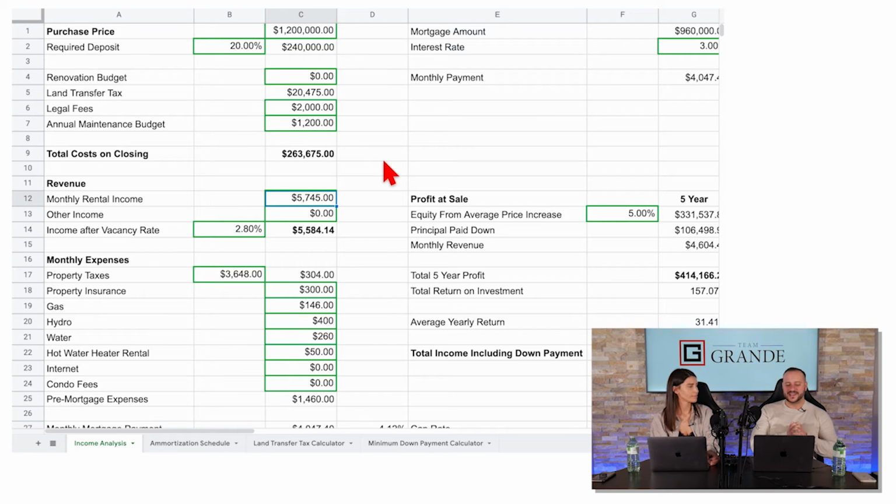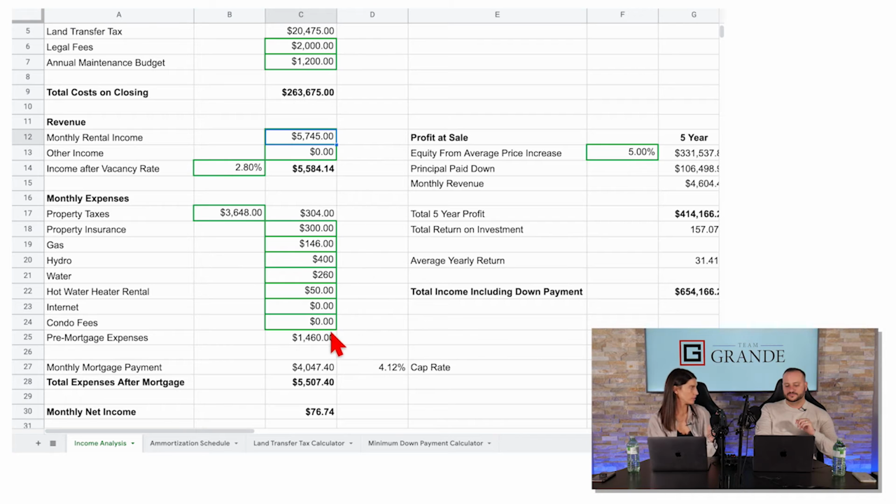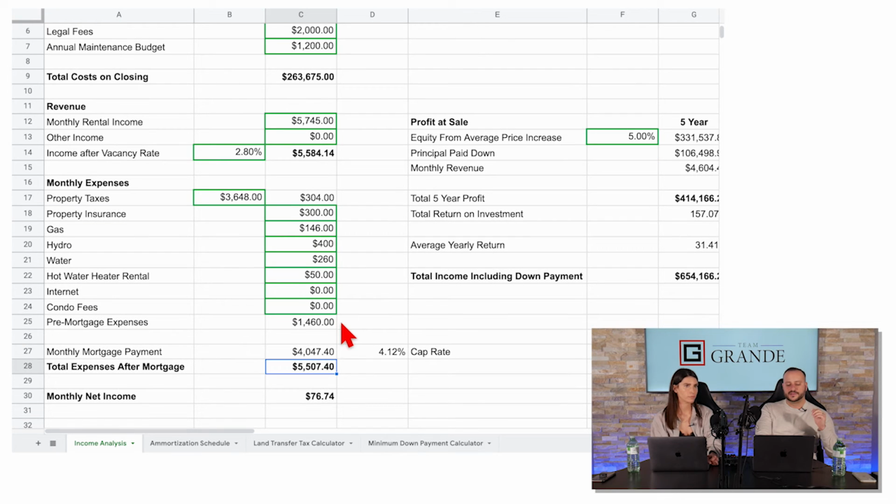I think there's only one vacant unit in this one right now. It was previously rented for $1,750, I think, but this is based on that unit being rented. Your expenses, including the mortgage every month, are $5,500. So you're only making $76 a month cash flow. But you're still making $76 a month.